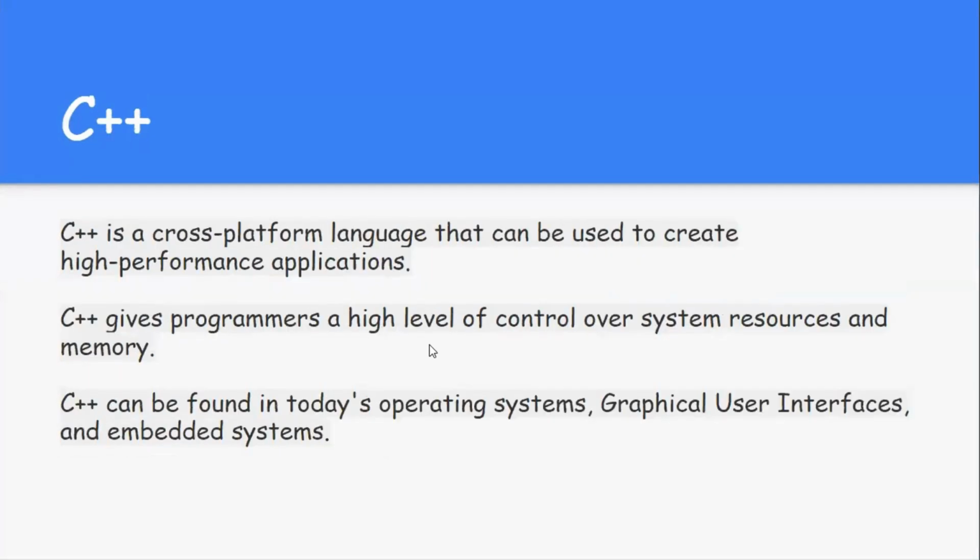Okay, so let's take a look at the next one, C++. C++ is a cross-platform language that can be used to create high-performance applications. Okay, C++ gives programmers a high level of control over system resources and memory.